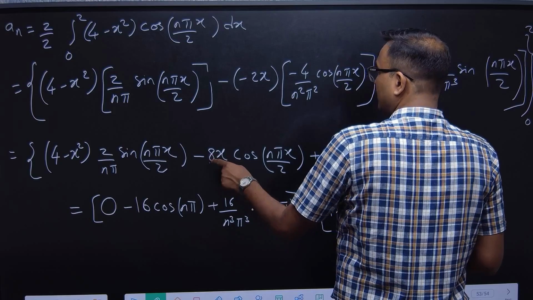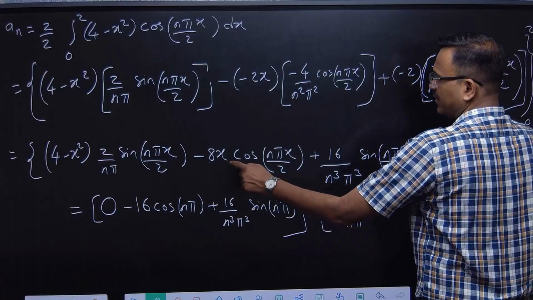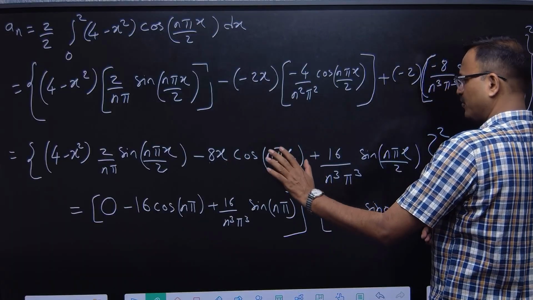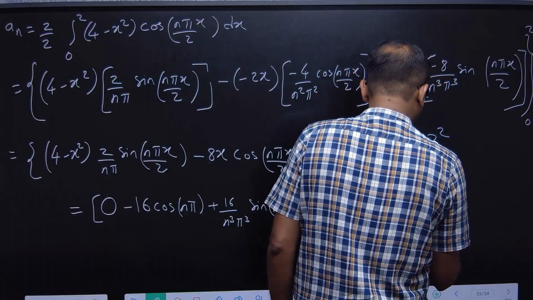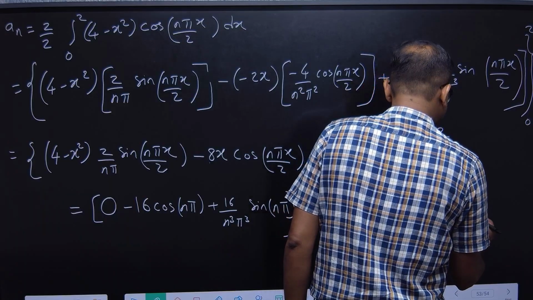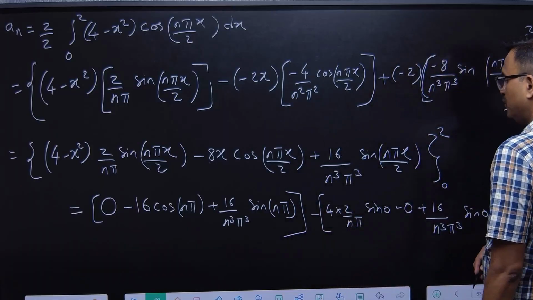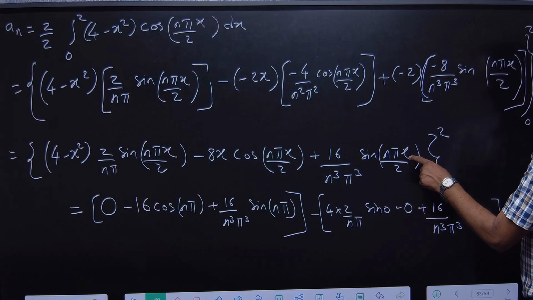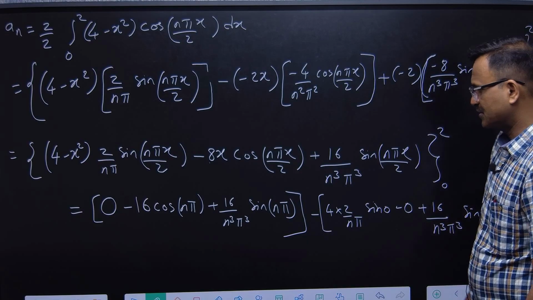Next term, this will be 8 into 0 into cos of 0. 8 into 0 is 0, 0 into cos is going to become 0. And here it will be 16 upon n cube pi cube sine of 0. Sine 0 is going to be 0, so this term is going to become 0.